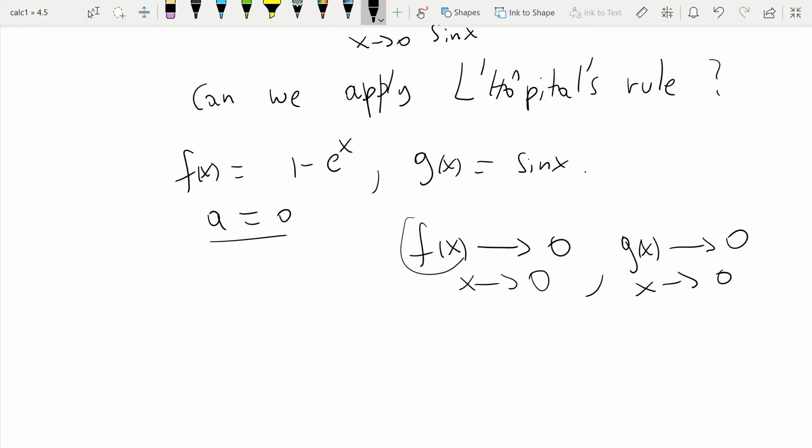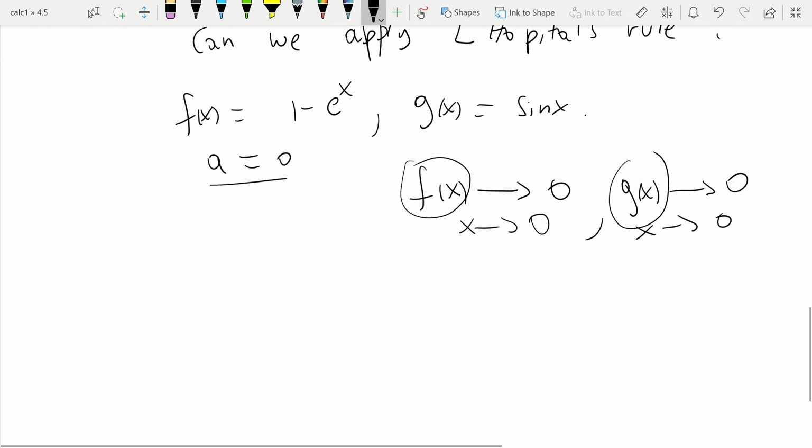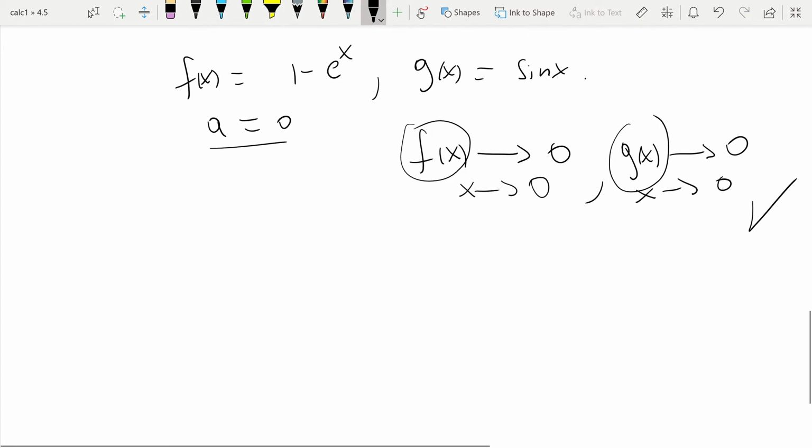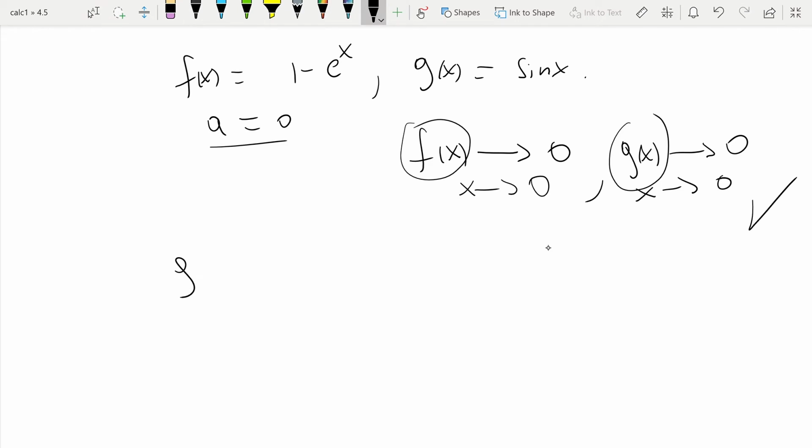Both f of x and g of x tend to 0 as x approaches the point a, which in this case is 0. Okay. So the first condition checks out. The second one is also true. So g prime of x, which is cosine of x, is not equal to 0 near x equals 0.